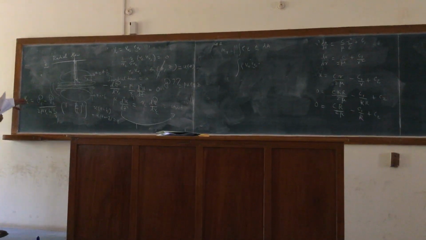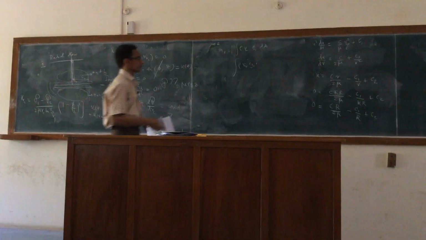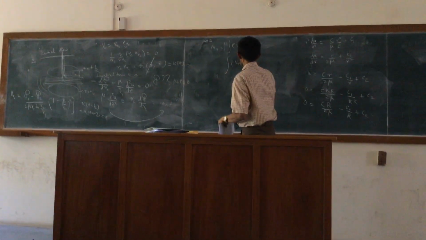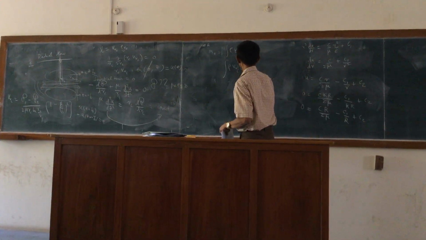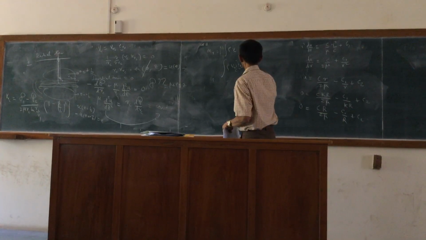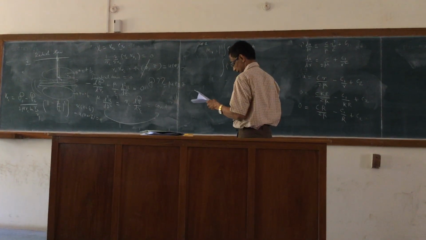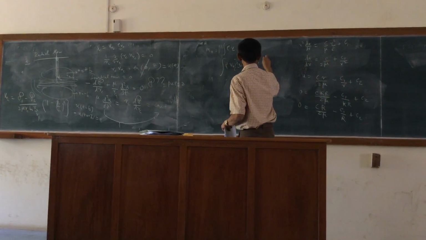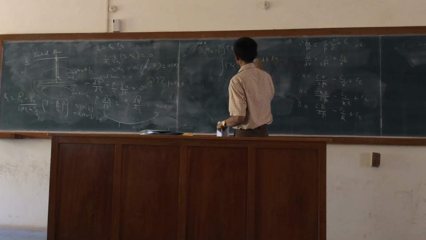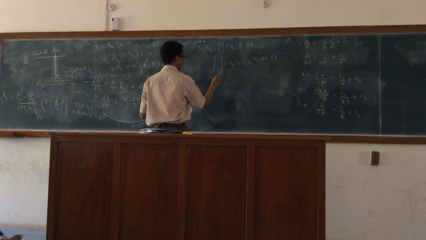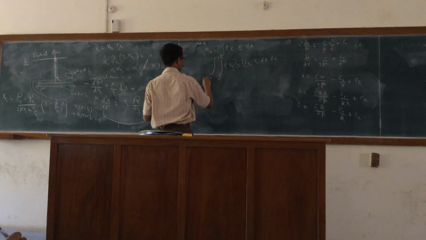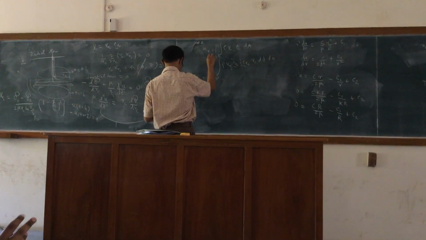Again, here you will find that the RC would drop out of the expression. So this is V times ERC, the normal is also ERC, and dA would simply be RC d phi dz. Phi varies from 0 to 2 pi and Z varies between minus B to B.